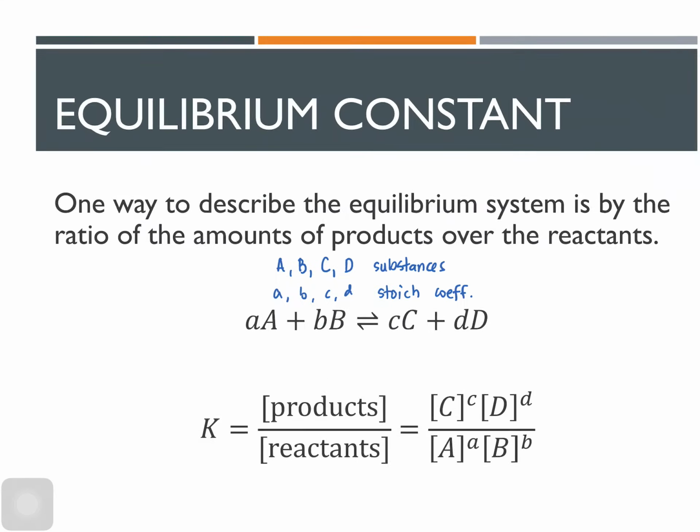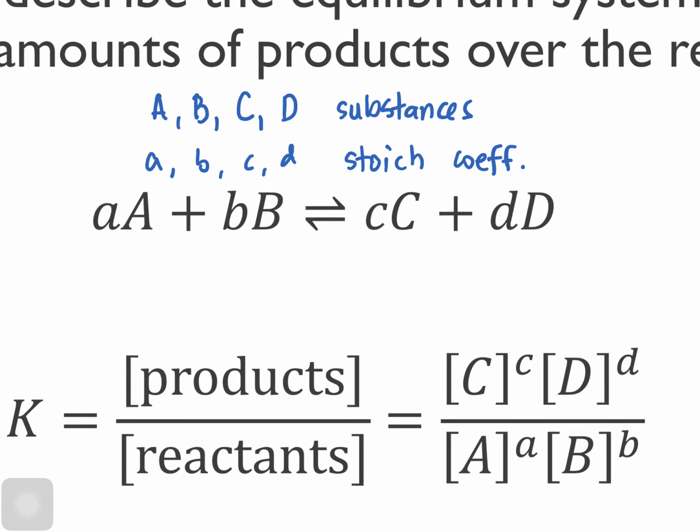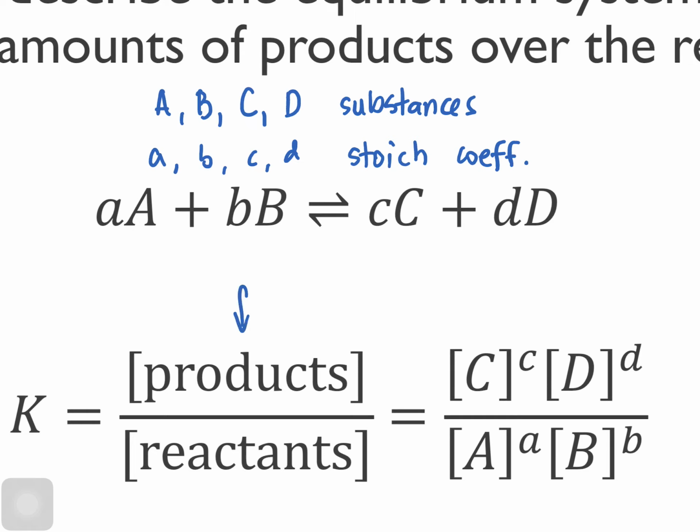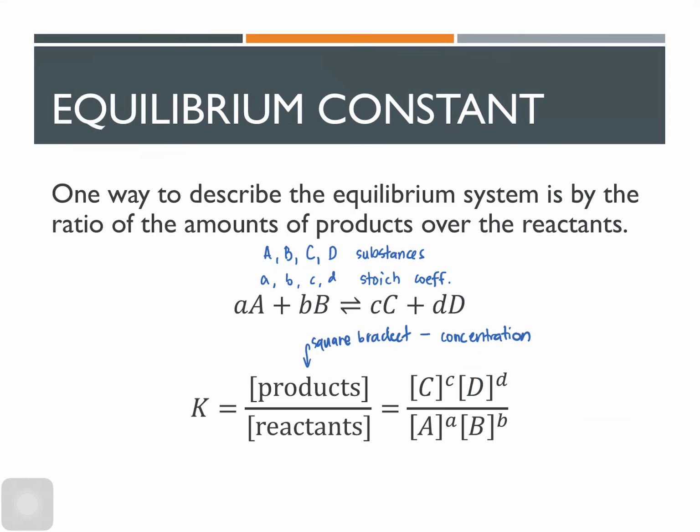To write the equilibrium expression for this reaction, we write K equals the concentration of your products over the reactants. To write the concentration of your products, we use square brackets. Square brackets indicate the concentration. So that's the square bracket of substance C. Why C?